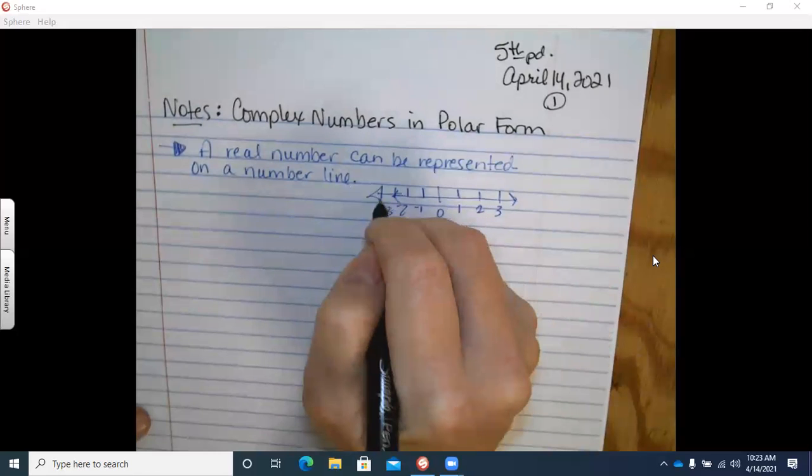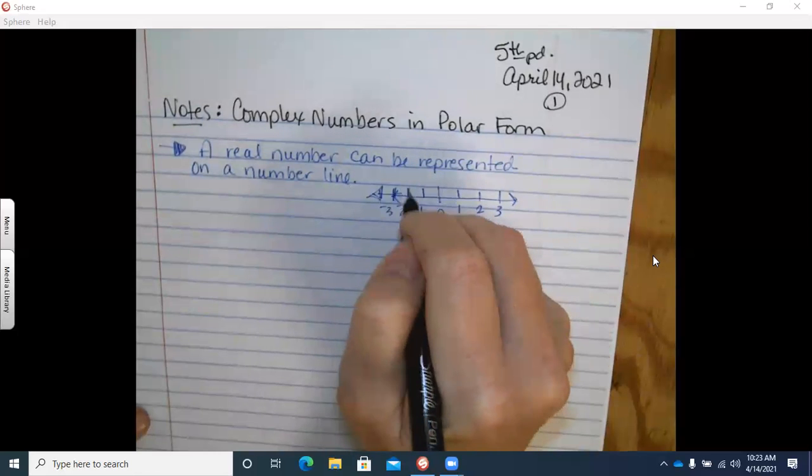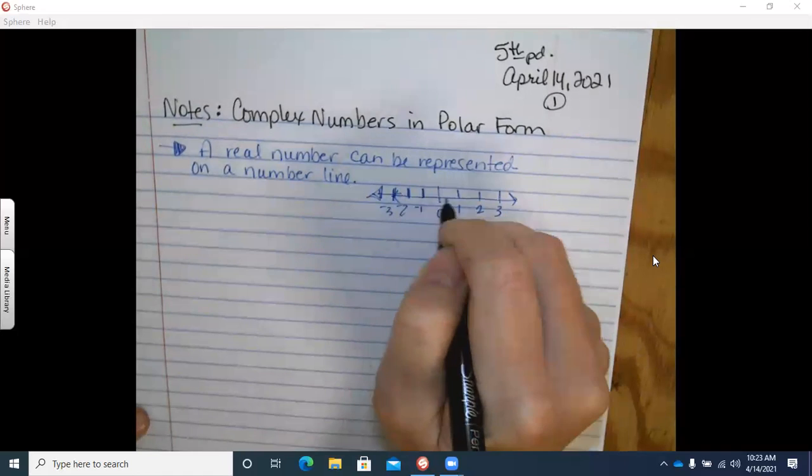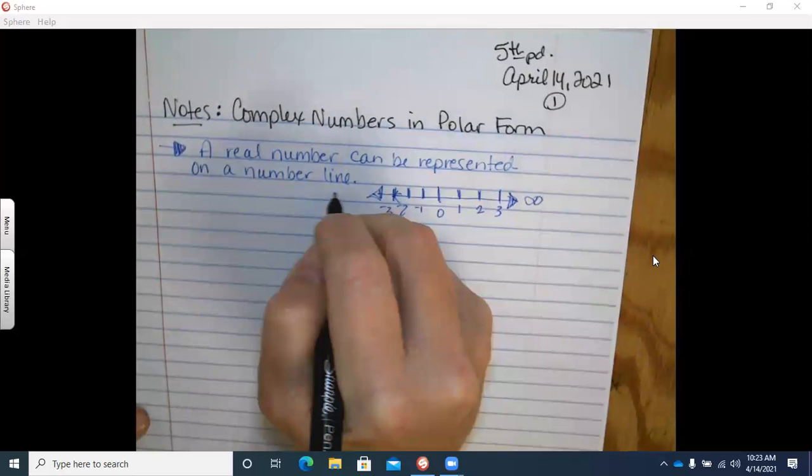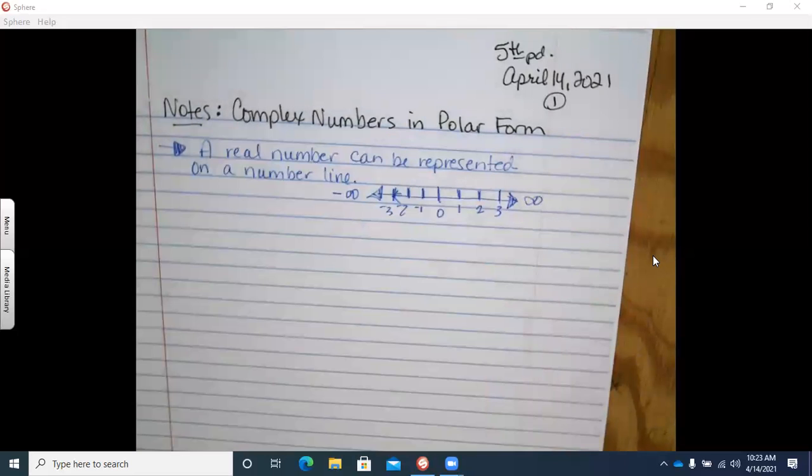But we've never seen imaginary numbers on a number line before, or complex numbers on a number line before. Well, today that's going to change.